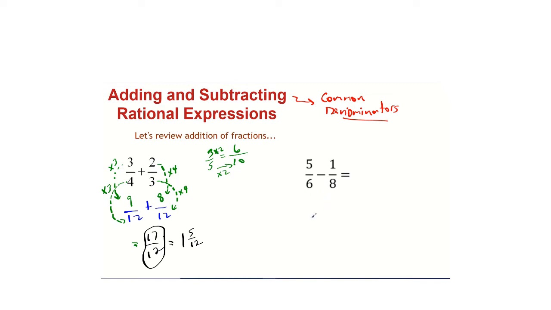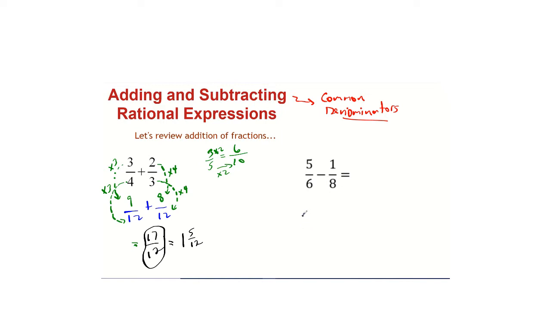So what you'll want to do here is look at the 6 and the 8, and in your head say, what would be the smallest possible number 6 and 8 would both divide evenly into? Well, you could go 6 times 8 and say 48. That is a number they both divide into, but it's not the smallest number, because 6 and 8 both divide into 24.